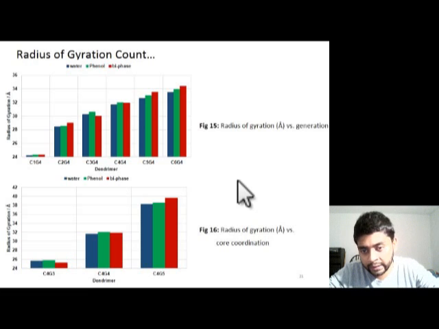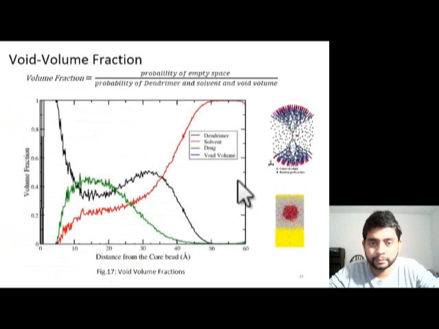We also plot the radius of gyration value over different generations. When generation is increasing, the mass is increasing also, and you can observe the radius of gyration value increases as well.